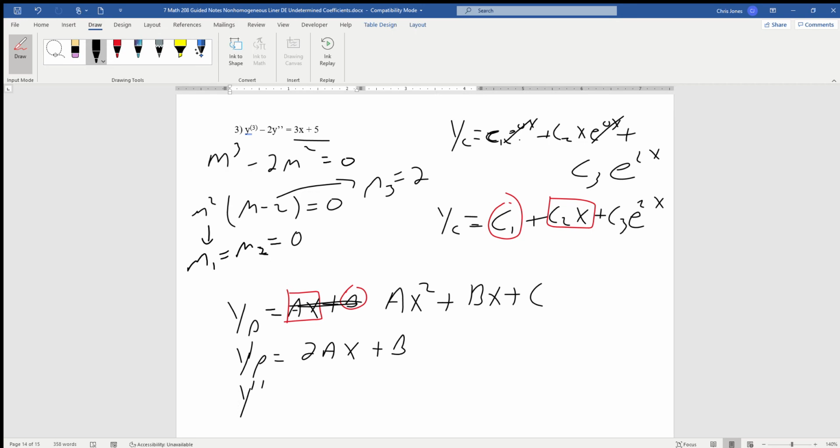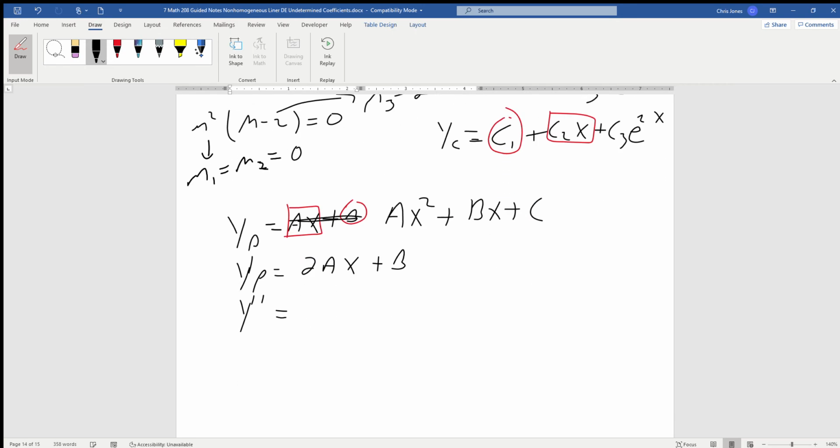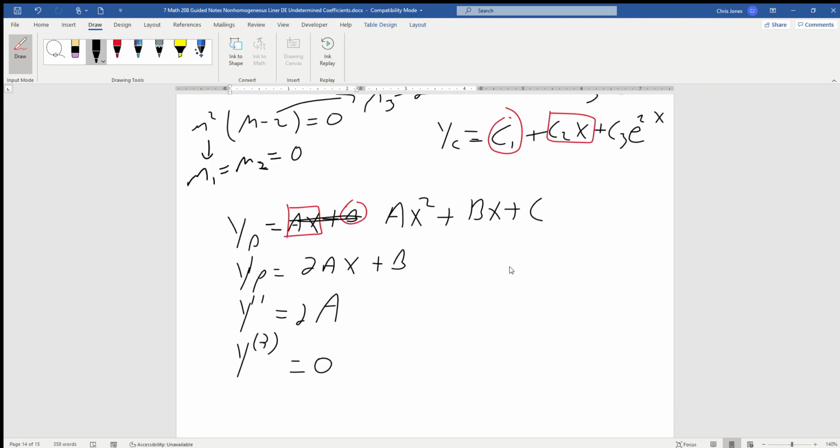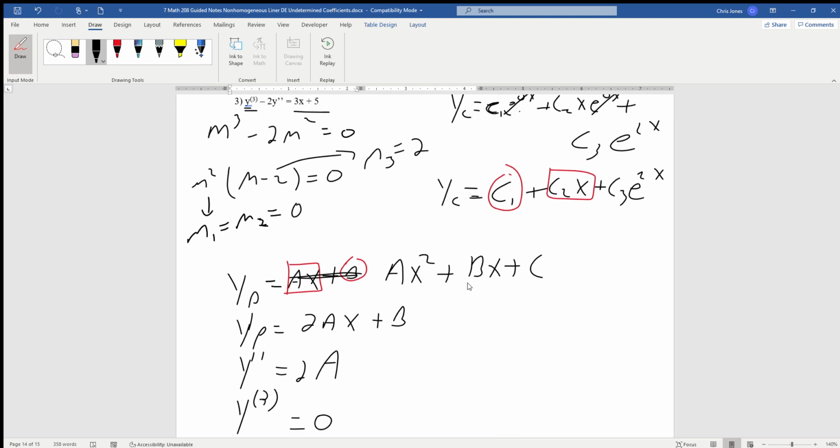The second derivative is 2a. But unfortunately, the third derivative is 0. That doesn't make any sense, because we need to substitute something back into that third derivative to eventually get to 3x plus 5. So unfortunately, we're going to have to go up to ax cubed.